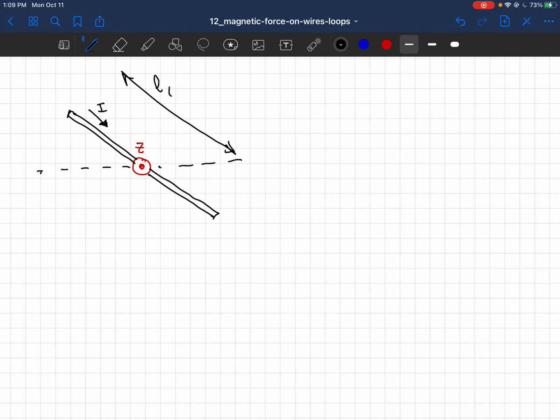When it gets to this end, it's going to go down into the page, so this is I through W1. Then it's going to move back across the wire in the other direction along L2, and then come out of the page. So this is I through W2, coming out of the page there.